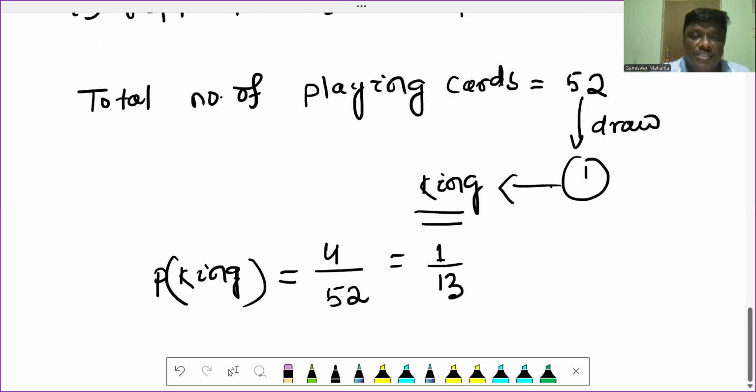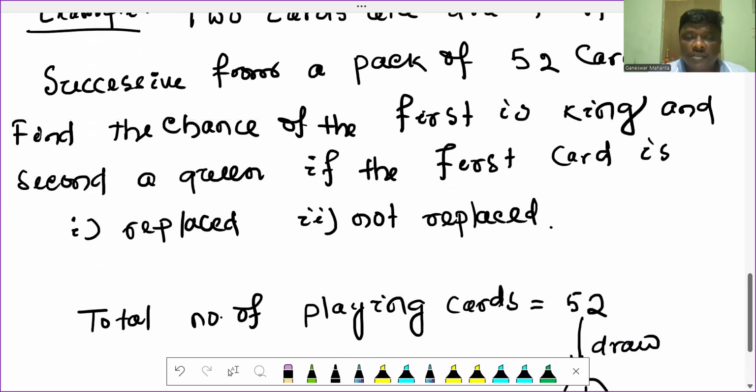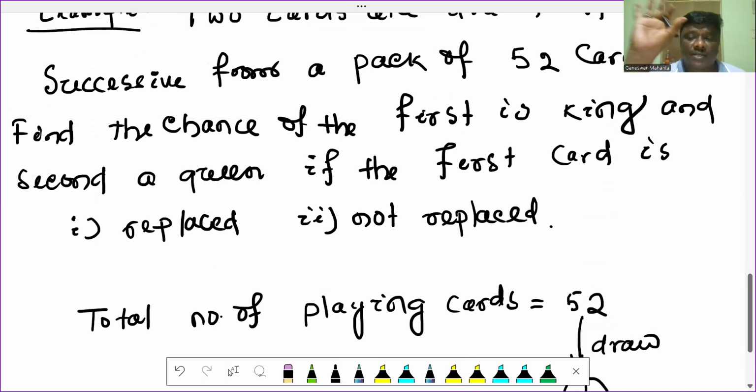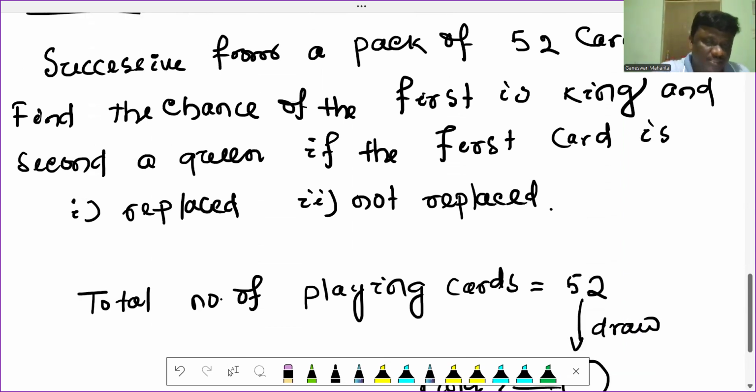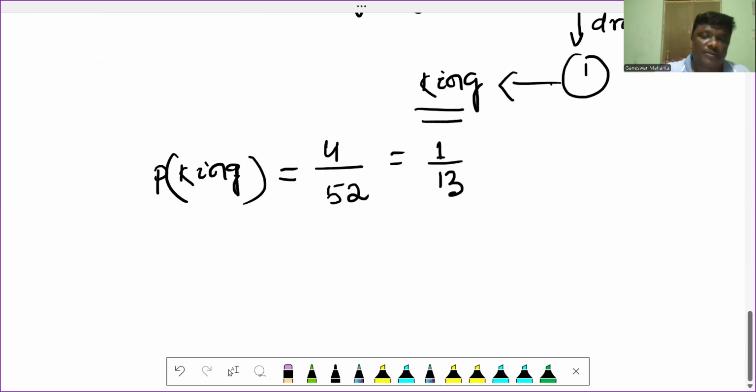But the question here is that two cards are drawn. If we replace the first card, we put it back into the 52 playing cards.